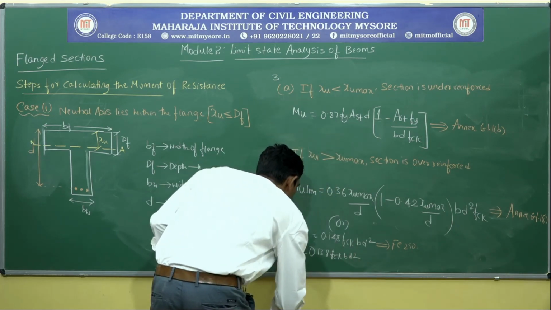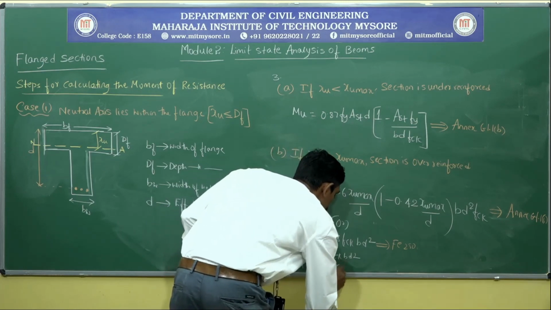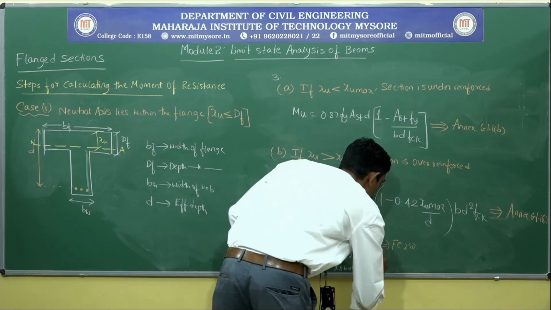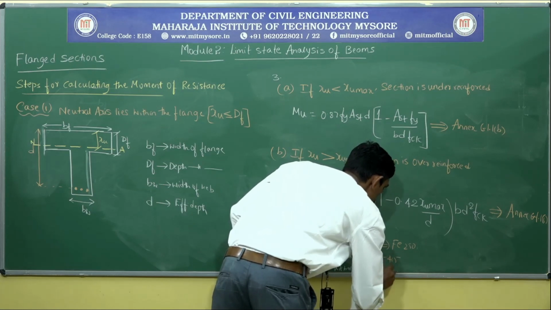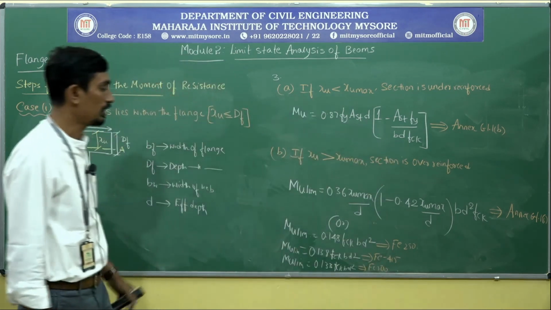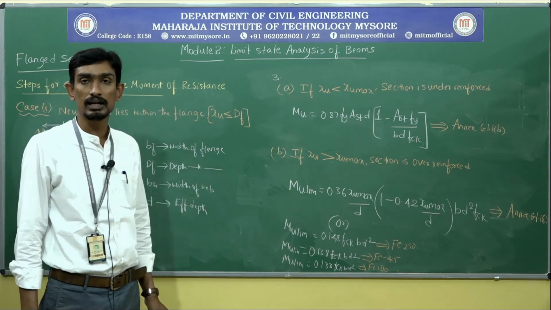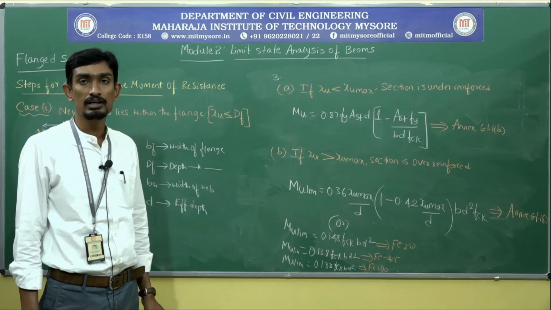Next, for Fe 500, 0.133 FCK BD square. You can use this formula or these formulas to calculate the ultimate moment of resistance for a T section.